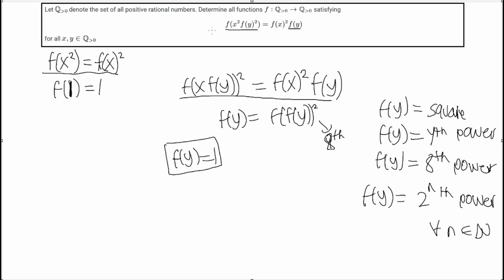And that gives us our solution. So the moral of the story is to just play around with certain values that you think would work out, use the domain to your advantage, and use it to derive a contradiction in some sort of way, unless we have f of y's of a certain form.